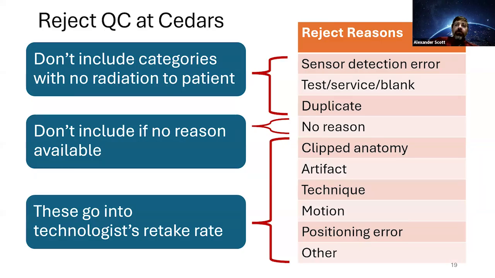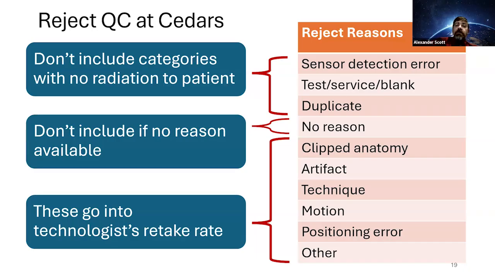Now, not every reject needs to be looked at. So there are categories that don't involve radiation to a patient. So these probably will depend on your service engineer who set it up.